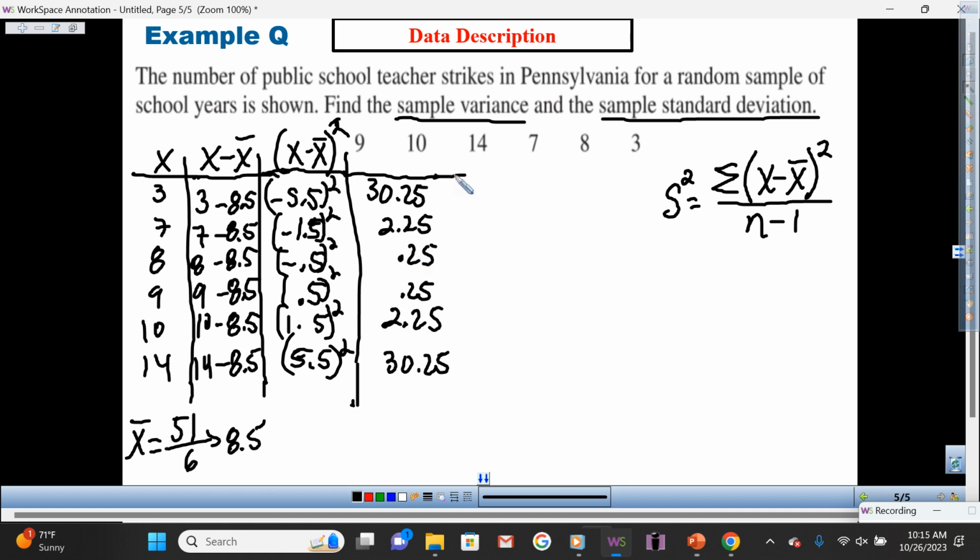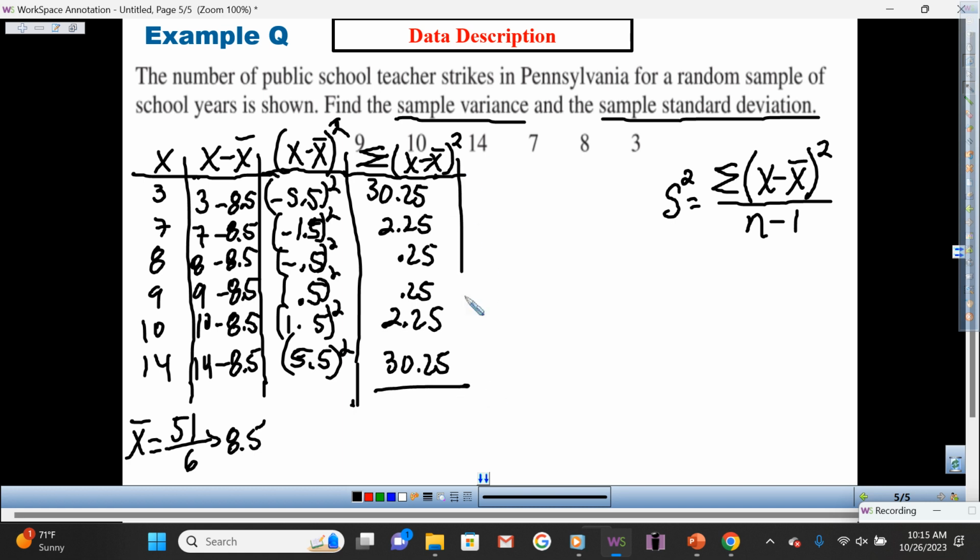All right. Next, what do we do with all these numbers, guys? We find the sum. So we put the sigma x minus x bar squared, and we add all of those.